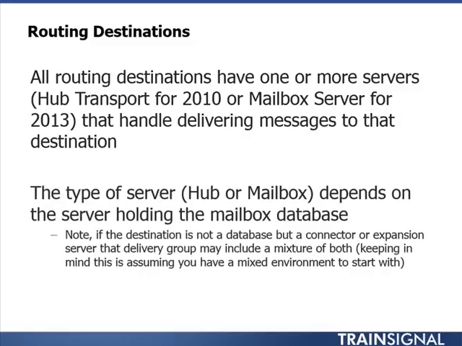Well, the type of server, whether it's a hub transport server with 2010 or a mailbox server with 2013, will depend upon the server that's holding the mailbox database. So if the mailbox is on an Exchange 2010 mailbox server, then you would need a hub transport server running Exchange 2010 to deliver that message. And so it's responsible for making that happen.